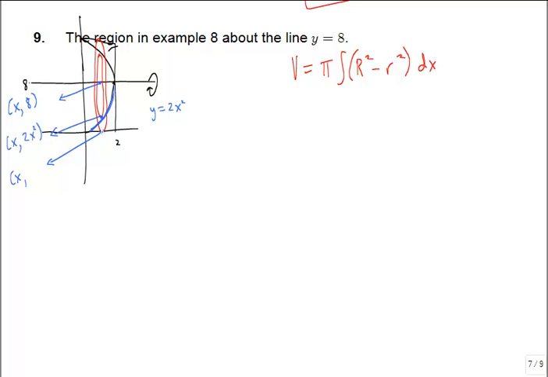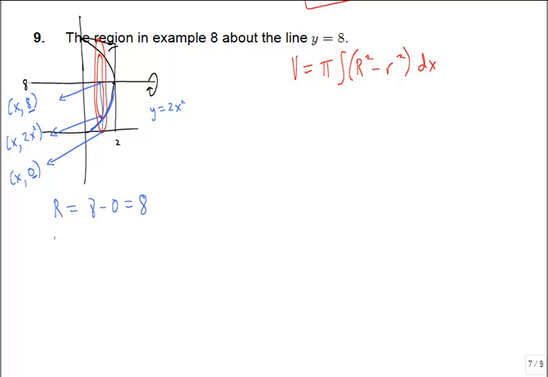The outer rim, notice, is on the x-axis here, so its height is 0. So our big R is going to be top minus bottom, since we're going vertically. So the top centermost point has a y value of 8, and I want to go all the way down to this point on the bottom, which has a y value of 0. So the big radius is 8 minus 0, so that's just 8.